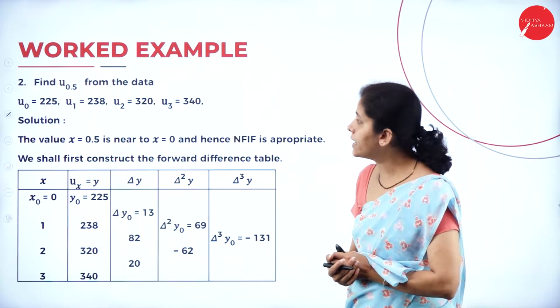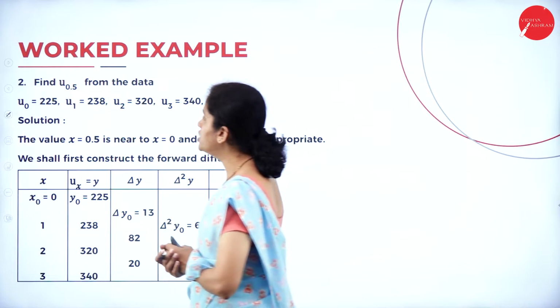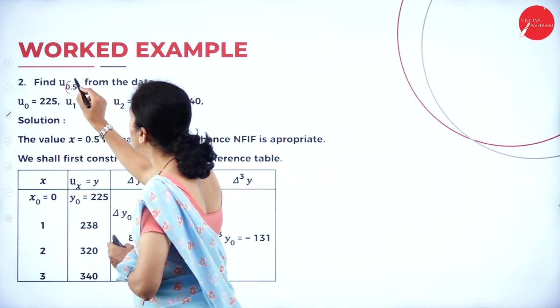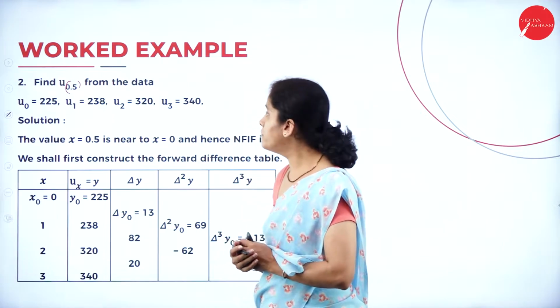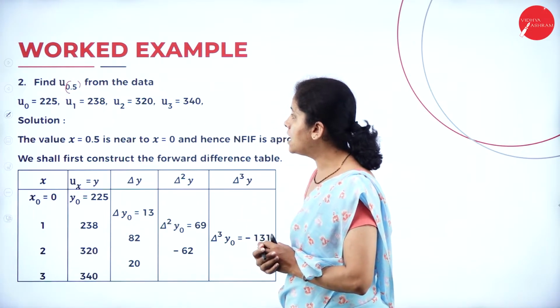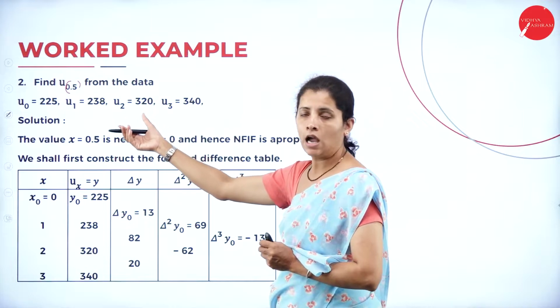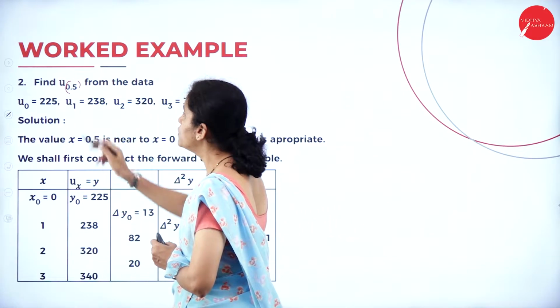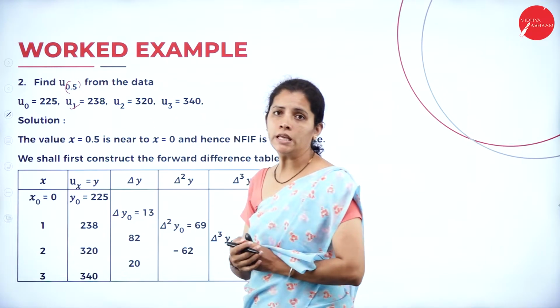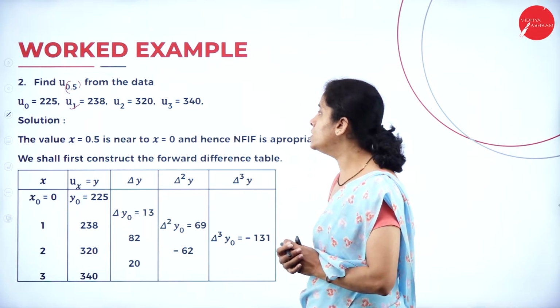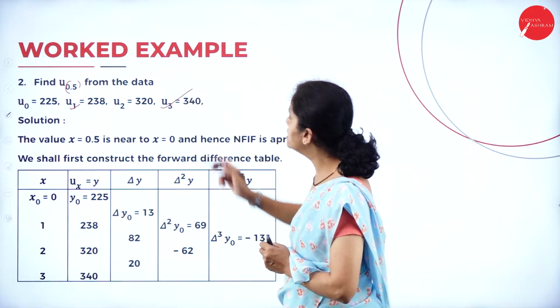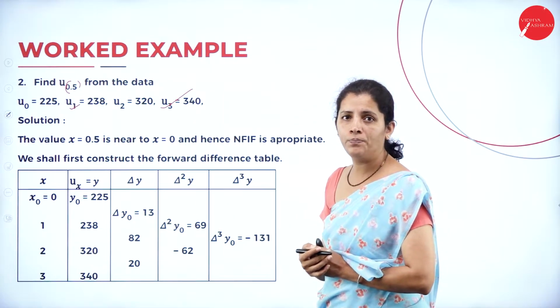So this is the second example and the question here is find u of 0.5 from the data. So this is the given data. I have u0 225, u1 238, u2 is 320 and u3 is 340.